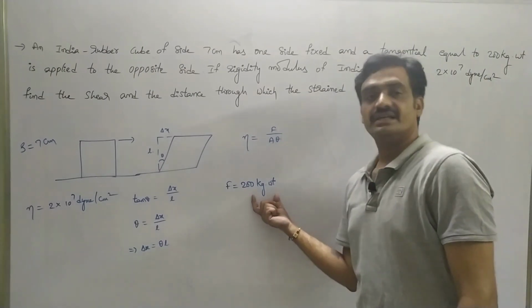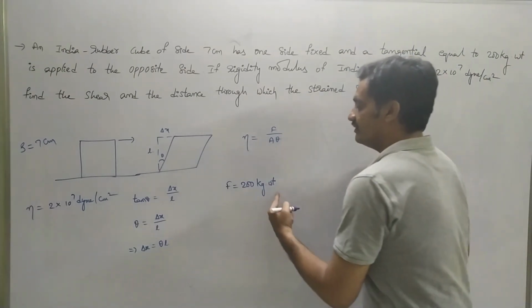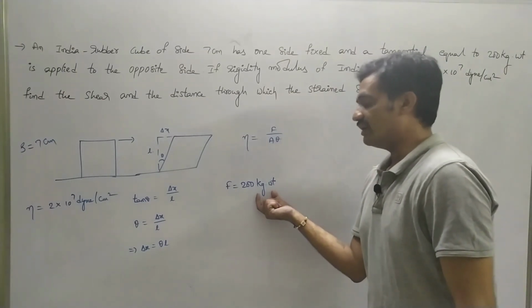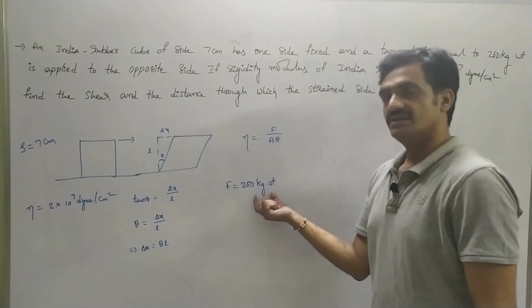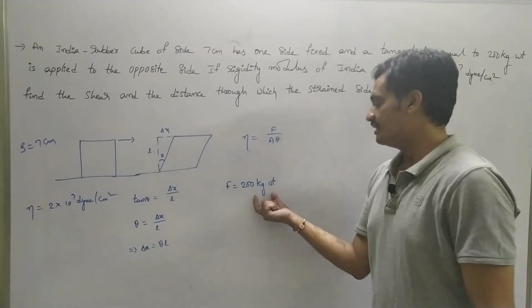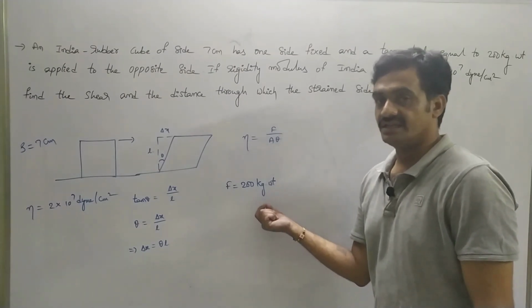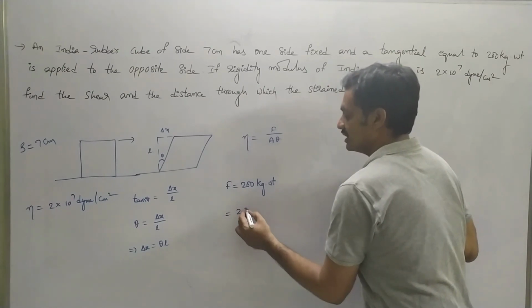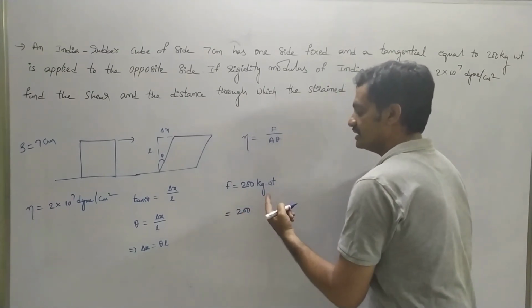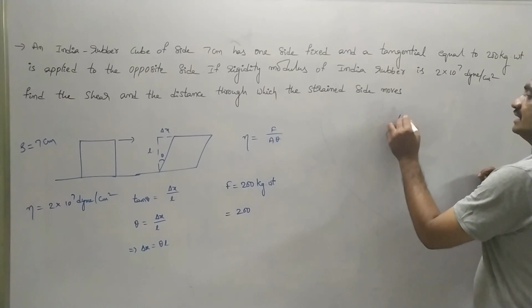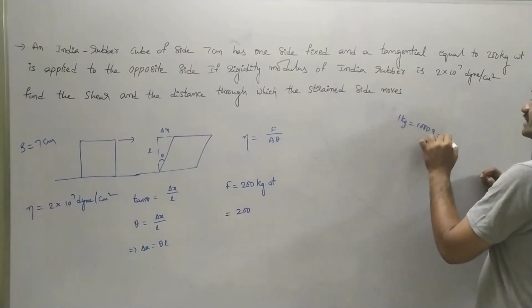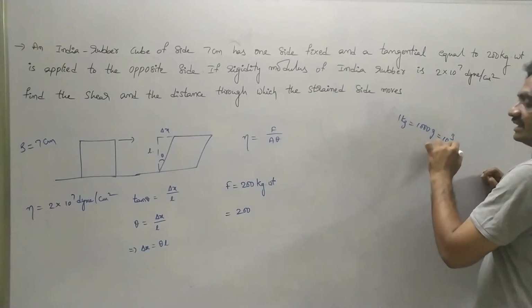We have to write it in terms of dynes, where we know that 1 kg weight is nothing but 1 into g. g is nothing but 980 centimeter per second square. As we substitute this value, 200 into the value of kg in terms of gram: 1 kg equals 1000 grams, which we can represent as 10 to the power of 3 grams.